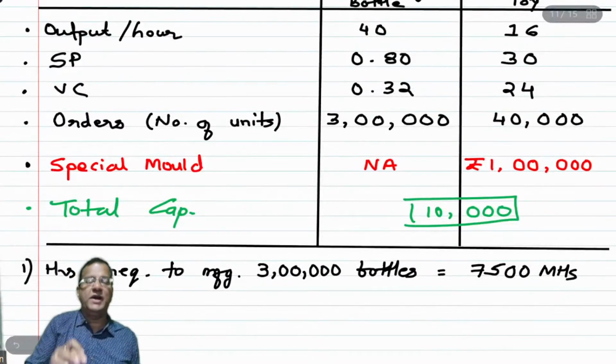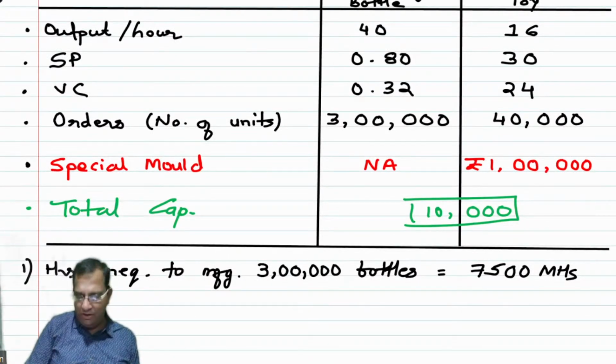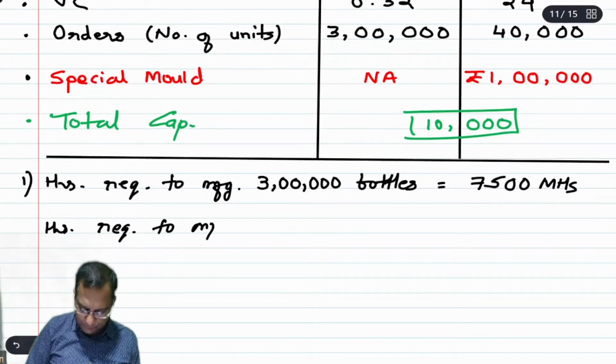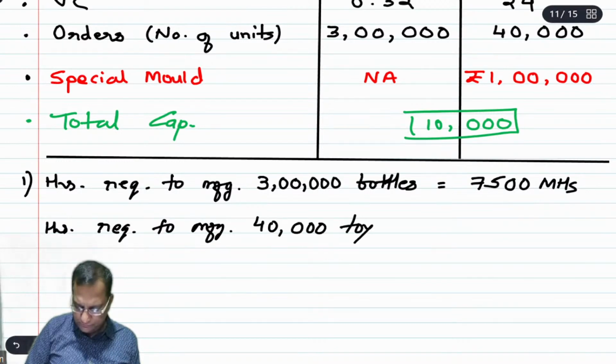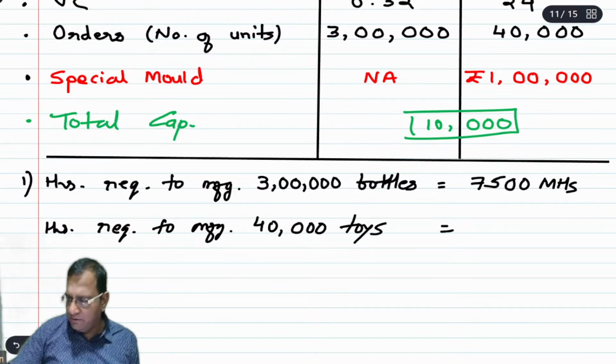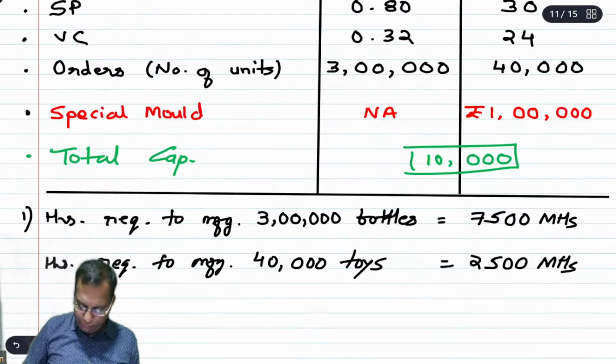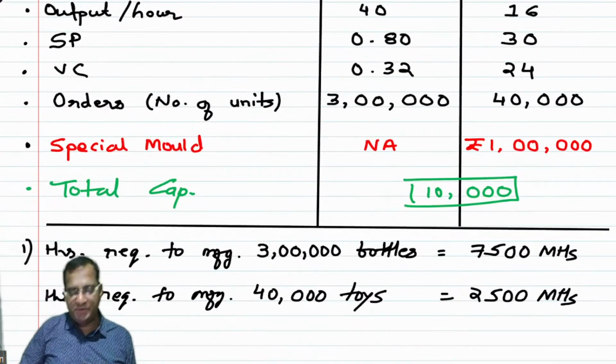It's 3 lakh divided by 40, because every hour we can produce 40 bottles. So 7,500 hours are required. And how many hours are required to manufacture 40,000 toys? 40,000 divided by 16 is 2,500 machine hours. So for 40,000 toys we need 2,500 machine hours.